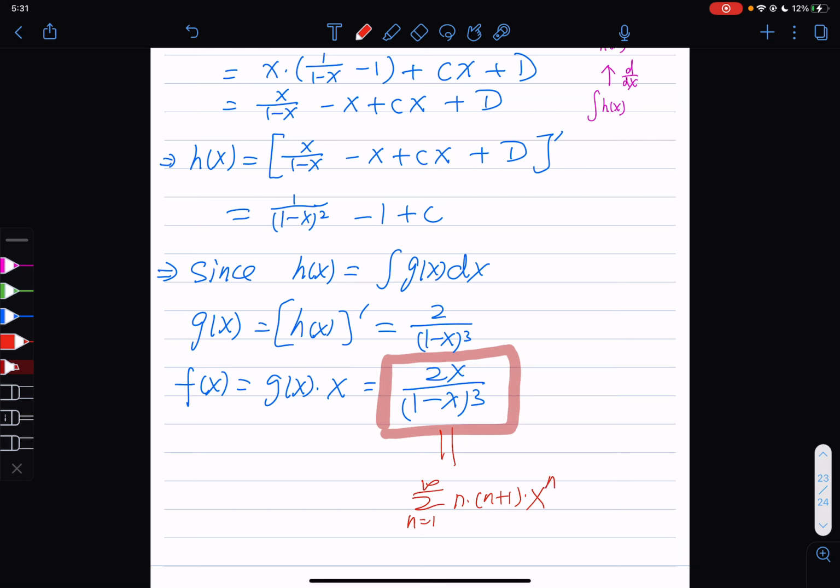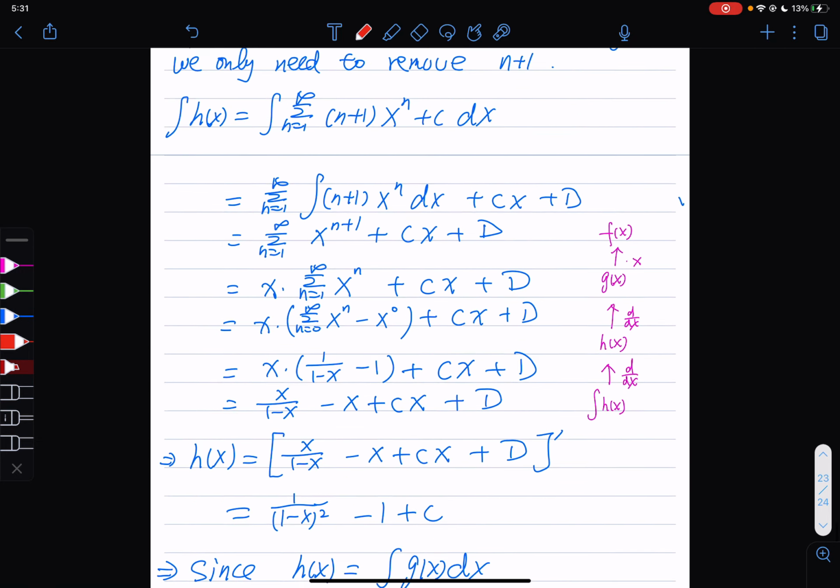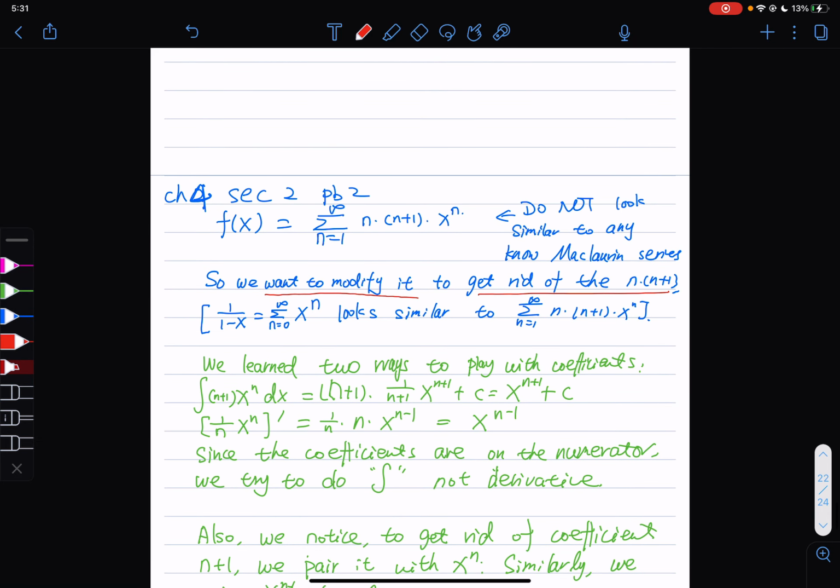The calculation is slightly tedious, but the idea is relatively straightforward. Basically, you have been given a power series, and it doesn't look identical to any Maclaurin series that exists out there. So you try to do some modification. What you realize is you want to get rid of the extra coefficient on the numerator, so you do an antiderivative calculation. We could have done something similar by taking the derivative if the extra coefficient were on the denominator.